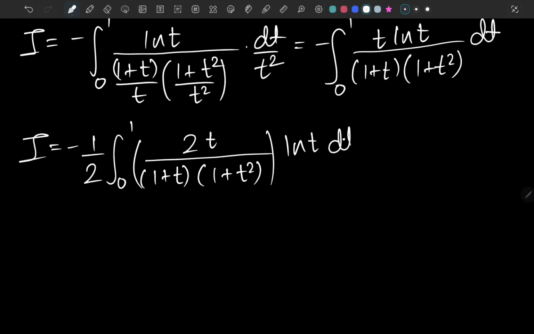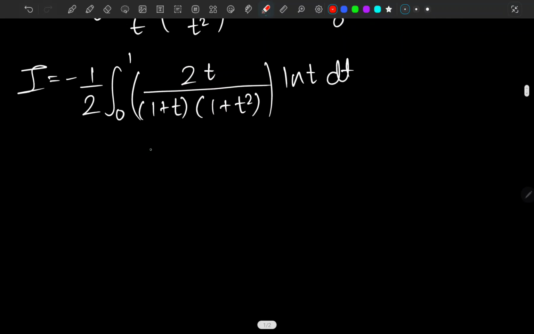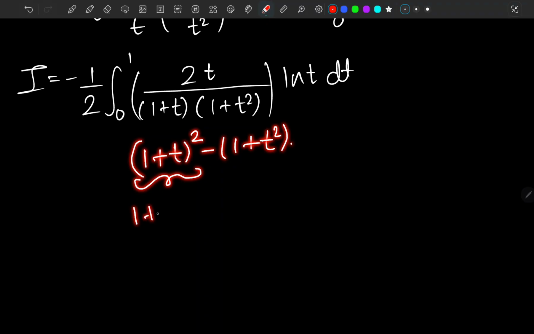Why did I multiply and divide by 2? Because if we consider (1 plus t) whole squared minus (1 plus t squared), this is 1 plus 2t plus t squared, right?